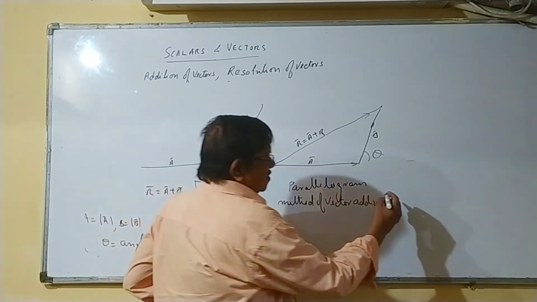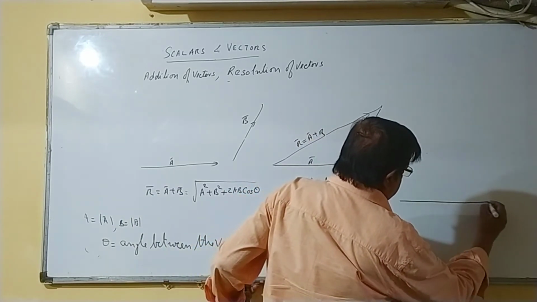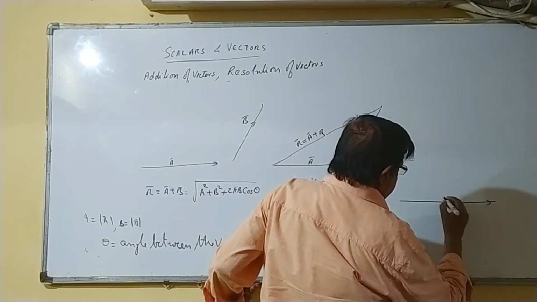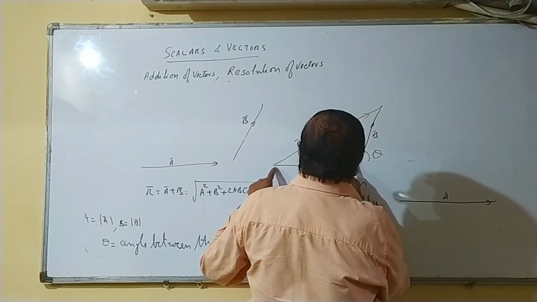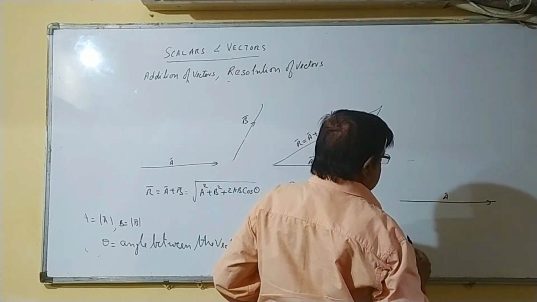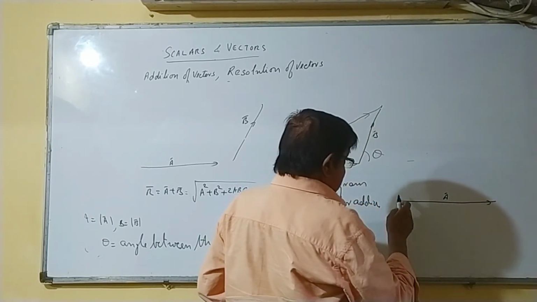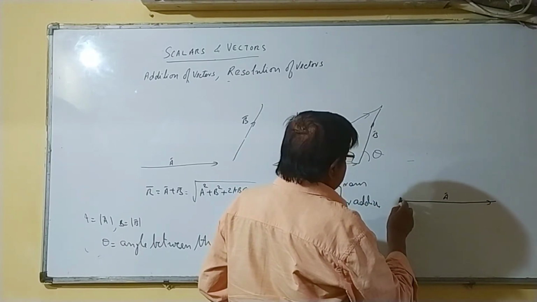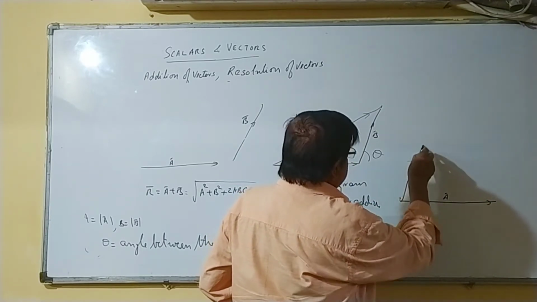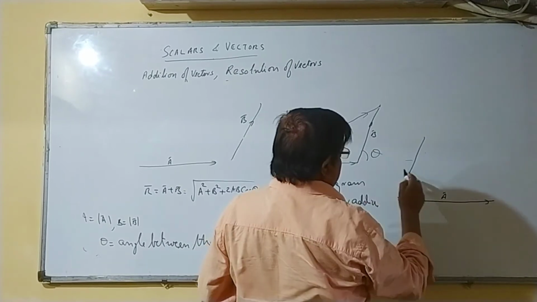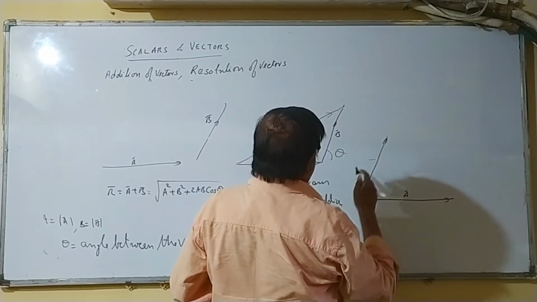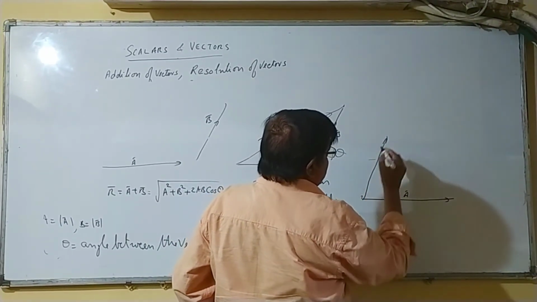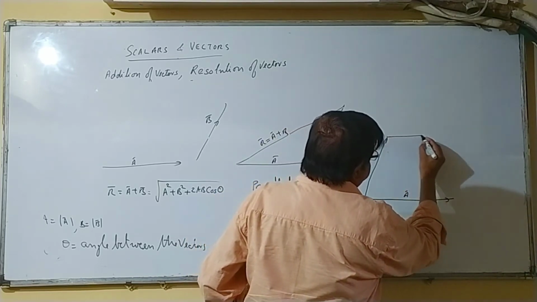For that, we will draw vector A. The direction of vector A is like this. Vector B is in the direction of vector B. This is vector B, in that same direction. Then complete the parallelogram.